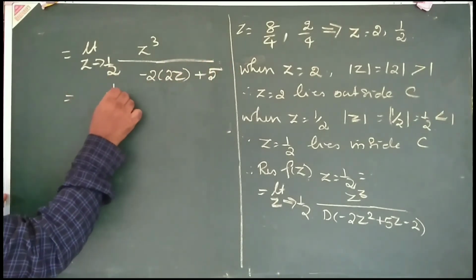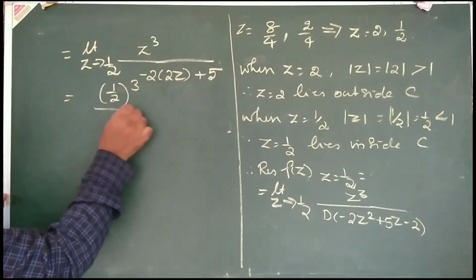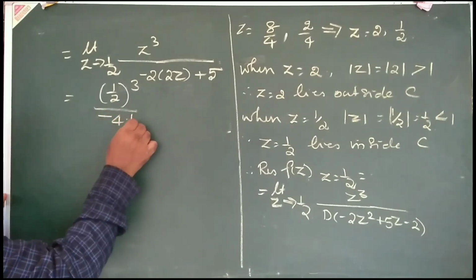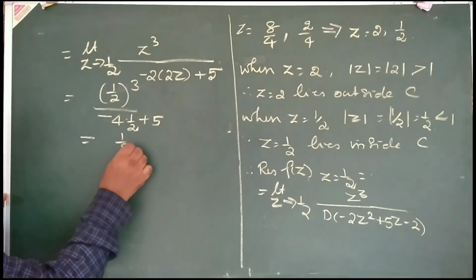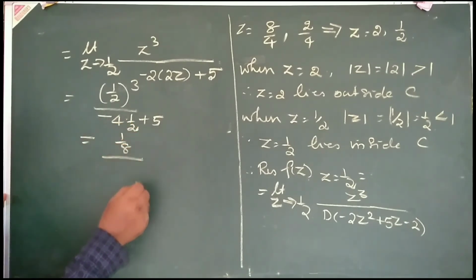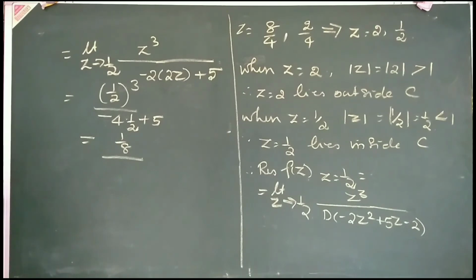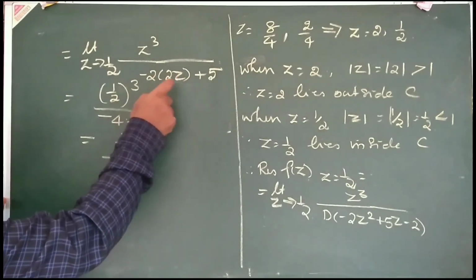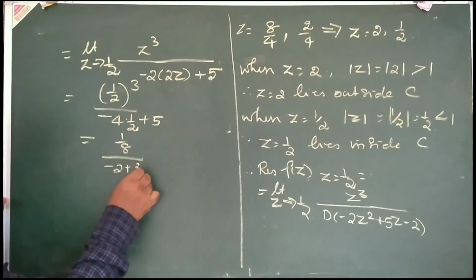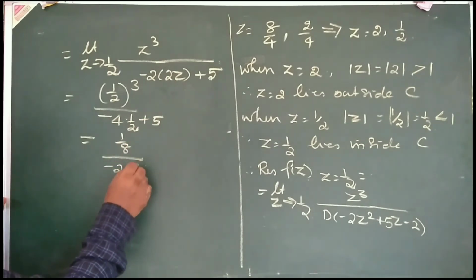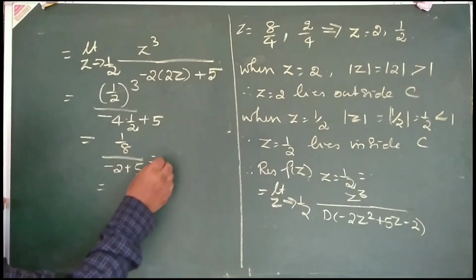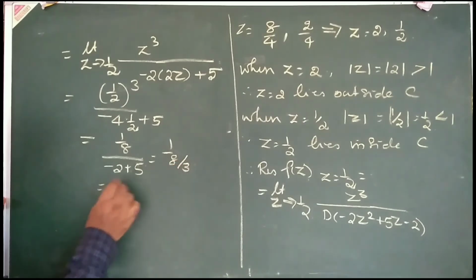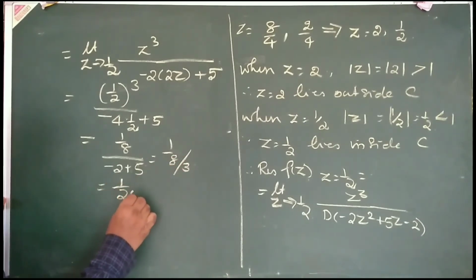So that is 1 by 2 the whole cube divided by minus 4 into 1 by 2 plus 5. That is 1 by 8 by minus 2 plus 5. That is equal to 1 by 8 by 3. That is 1 by 24.